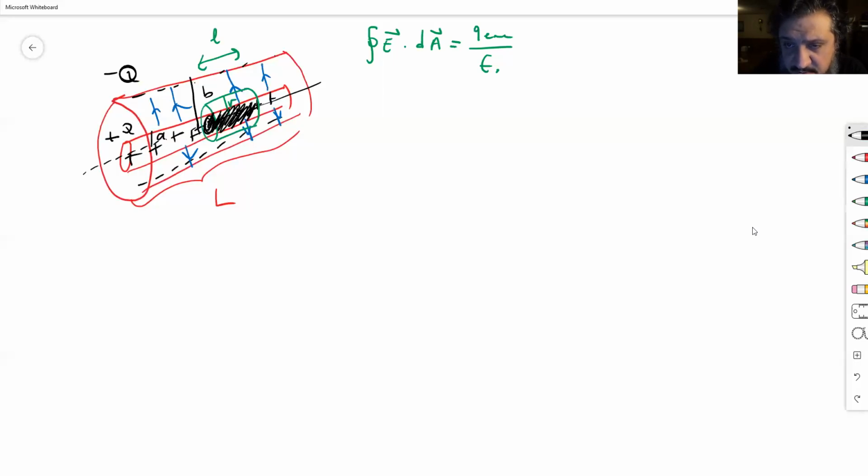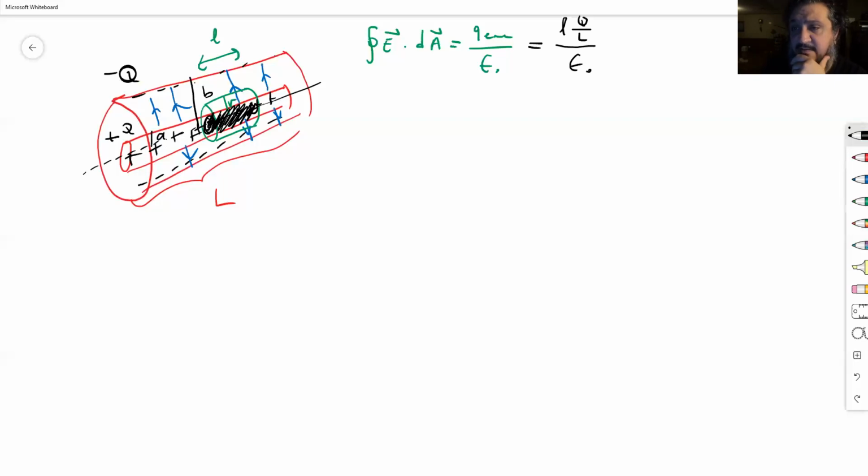To find that, I need to multiply the length of the Gaussian surface by a linear charge density, which would be equal to total charge divided by total length. That's my charge density. Charge density times the length of the Gaussian surface will give me the charge contained in that Gaussian surface.